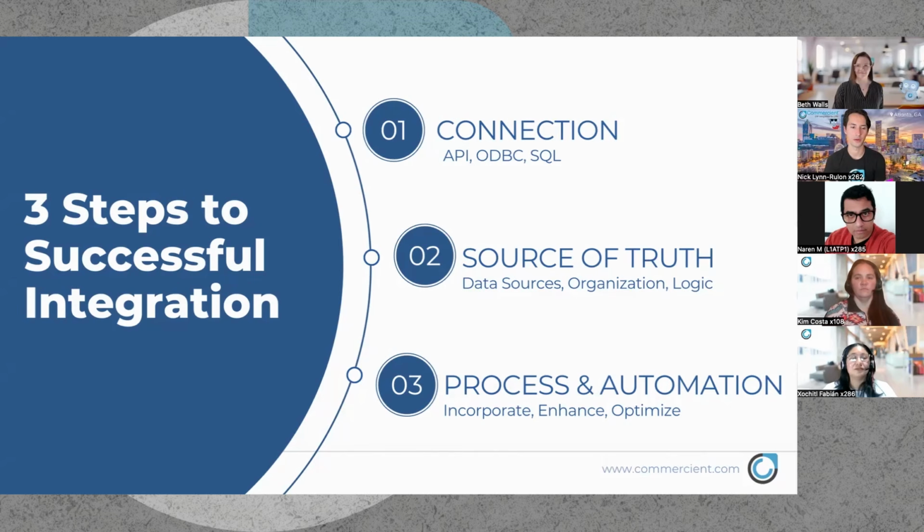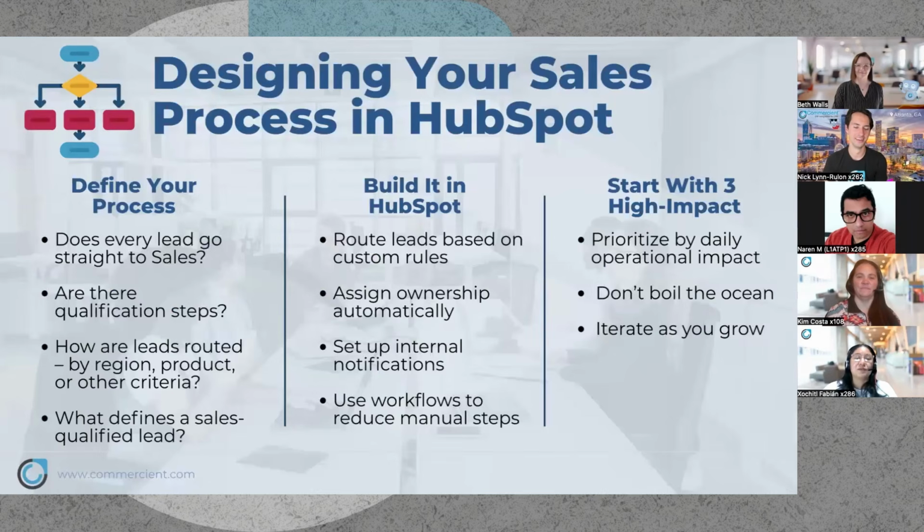Okay. So I'm not in HubSpot all day like you are, only on the weekends for me. So can you give me an example? Of course. So here's a really easy one when thinking about a sales process. When leads come in, companies need to lay out processes and figure out how to work them. So they have to ask themselves, do they go directly to sales, or are there other qualification steps?